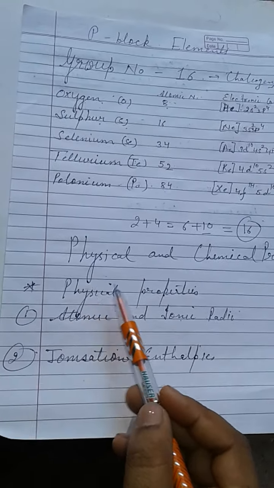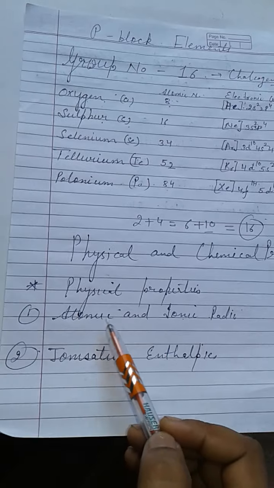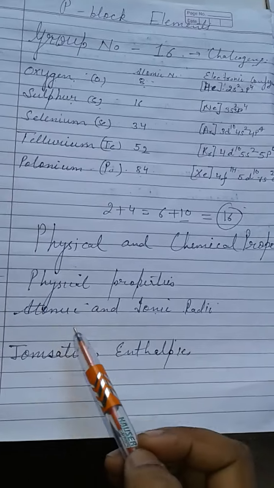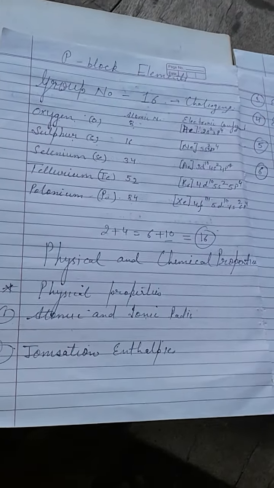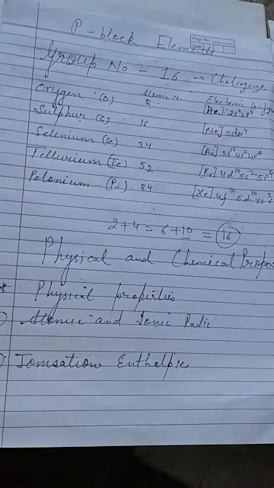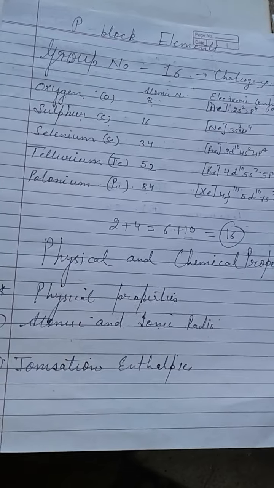parameter under the category of physical property, that is atomic and ionic radii. We have studied the trend of atomic and ionic radii along a period and down the group.